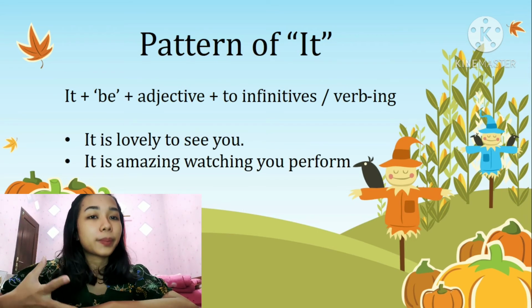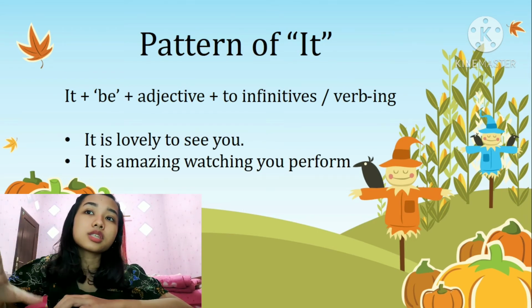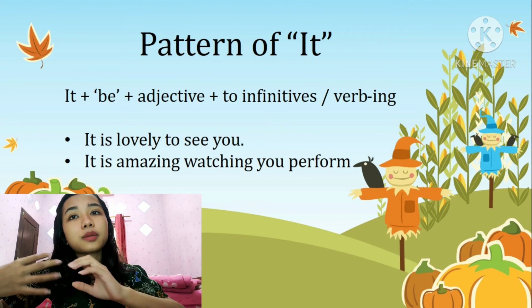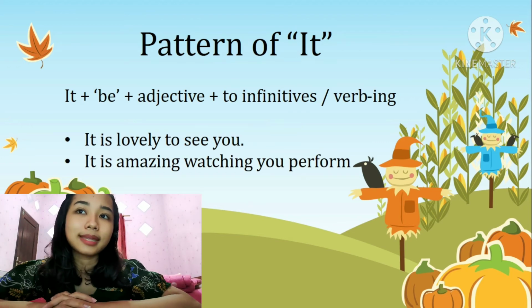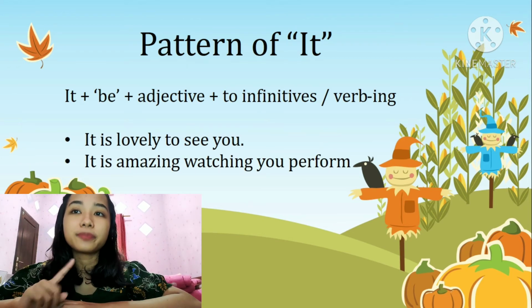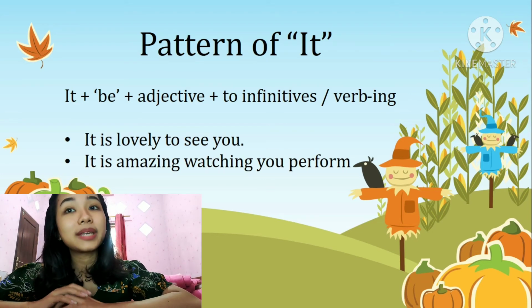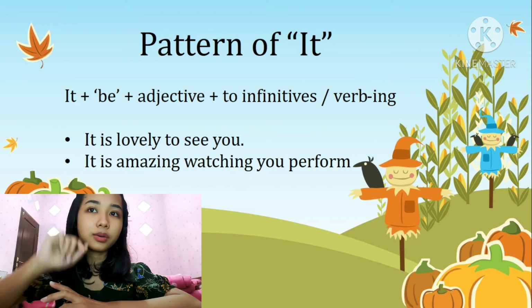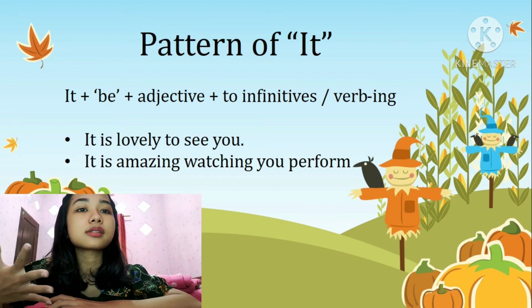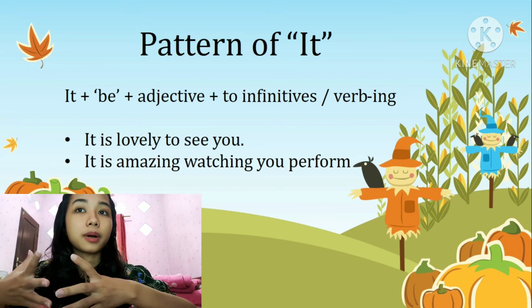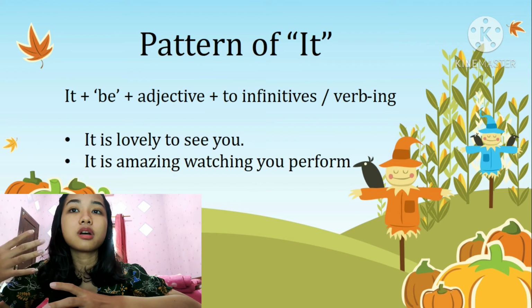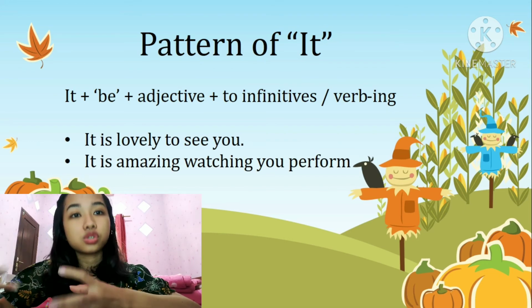Let us now talk about "it". Actually, there is no certain pattern for it. This one is the only pattern that most people use: it plus be plus adjective plus to-infinitive or verb-ing. It depends on the context that you want to talk about. You can use the verb-ing or to-infinitive.